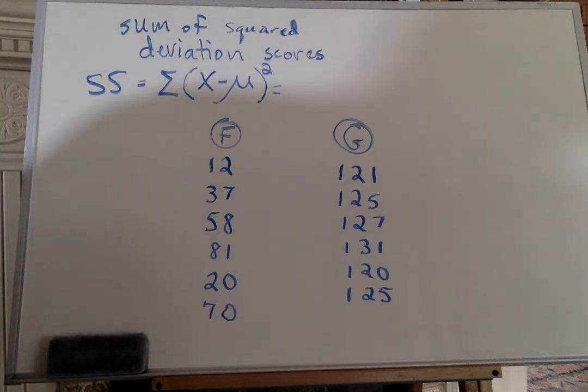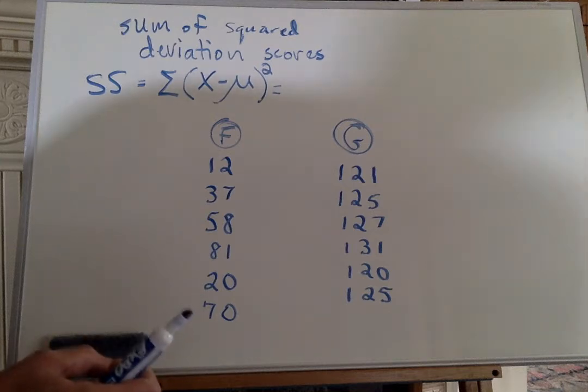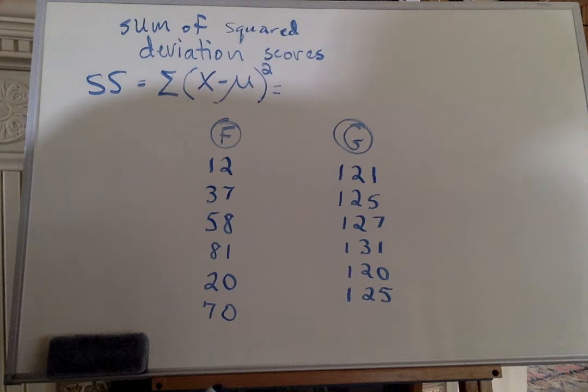So let me ask you this question. Let's see if we can make a guess here about which of the distributions will have the larger sum of squares value. Which of these two distributions will have the larger sum of squares value?